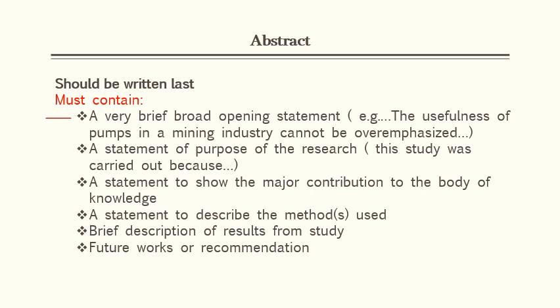For instance, if you are talking about poems, you can start with: the usefulness of poems in the mining industry cannot be overemphasized. This is a broad statement. It just opens up the reader that this man is talking about poems in the industry. Then it has to contain a statement of purpose of the research.